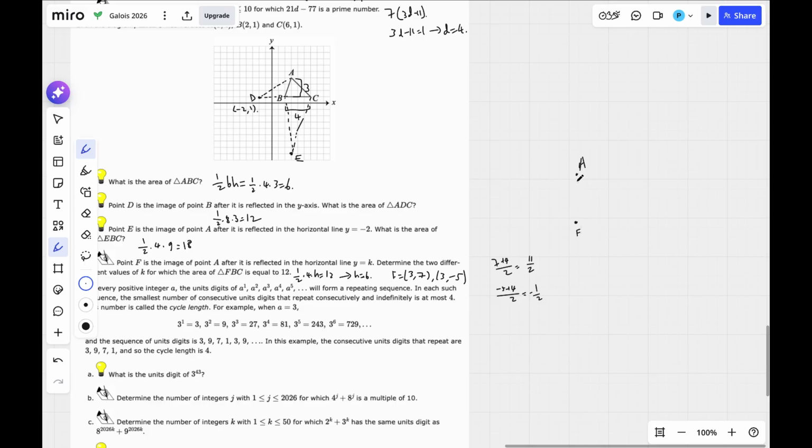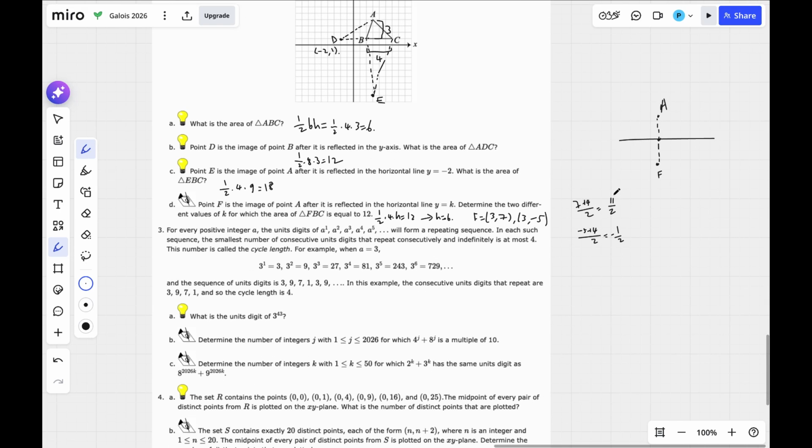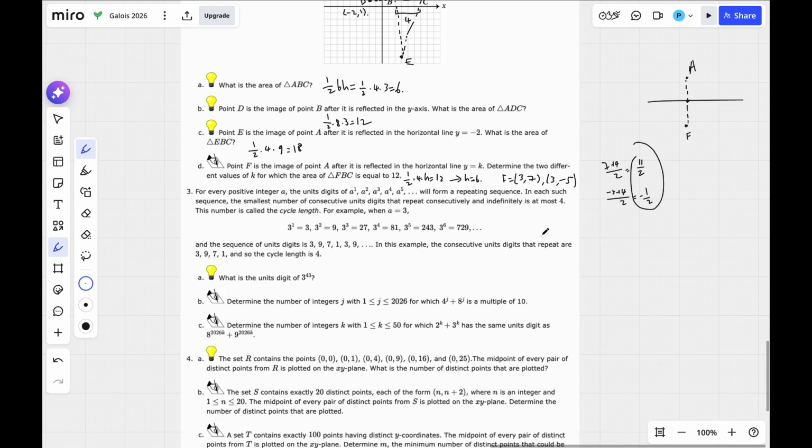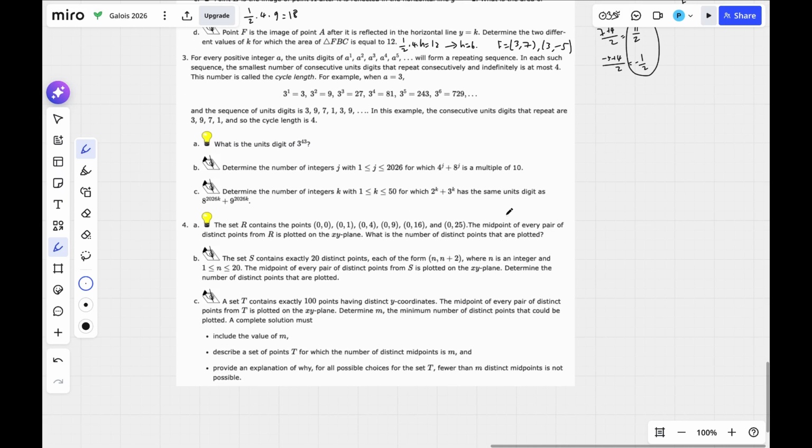And for -5, it's (-5 plus 4) over 2, which is -1 over 2. And the reasoning is, since A and F are collinear in the straight up direction, if we have a line in the middle which passes through the midpoint, then that's the line that they're reflected over. So our answer will be 11 over 2 and -1 over 2.